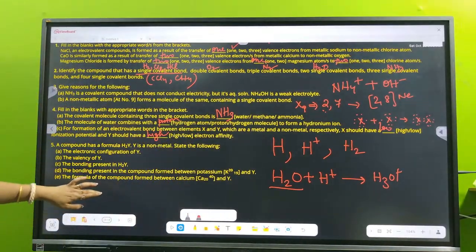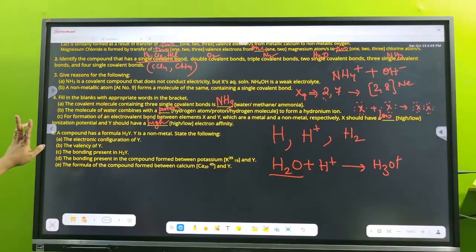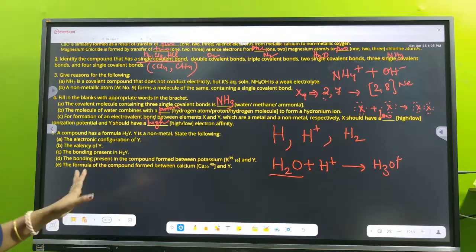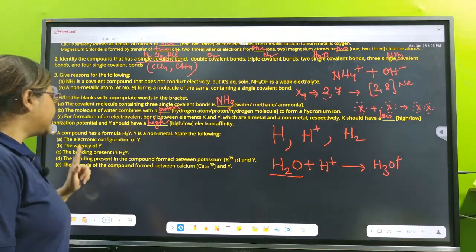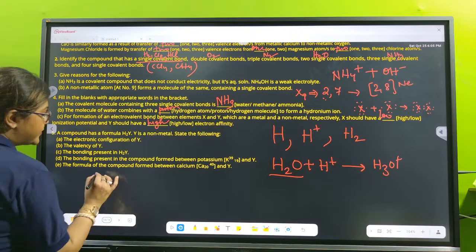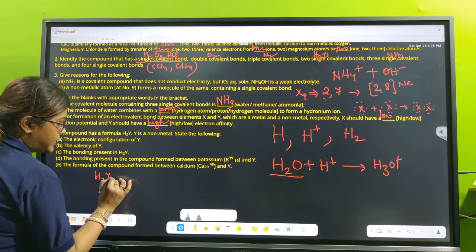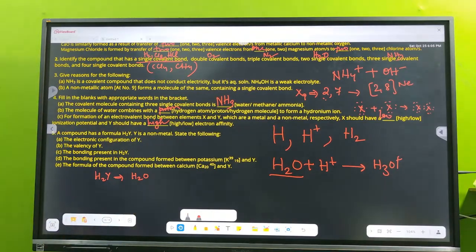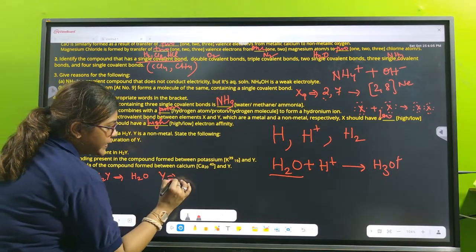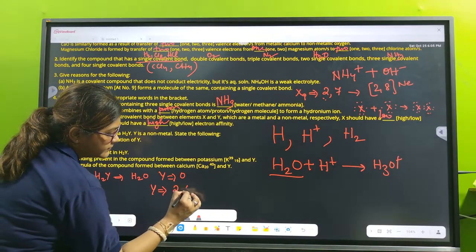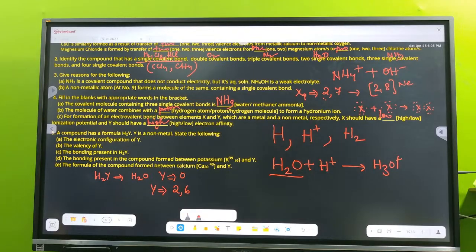Next, a compound has a formula H2Y. Y is a non-metal. State the following. The electronic configuration of Y. H2Y is similar to that of water. So if you consider Y to be oxygen, then Y's electronic configuration will be 2 and 6.